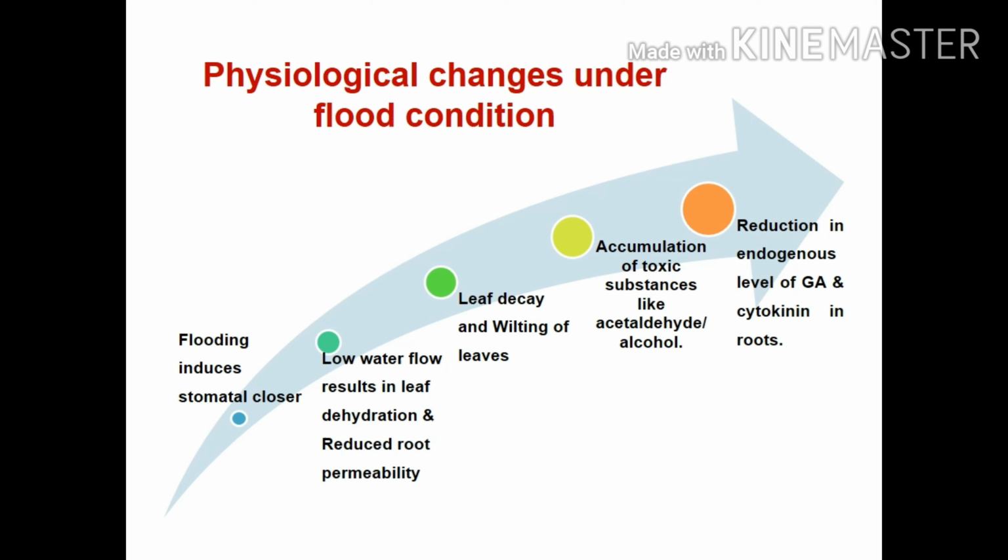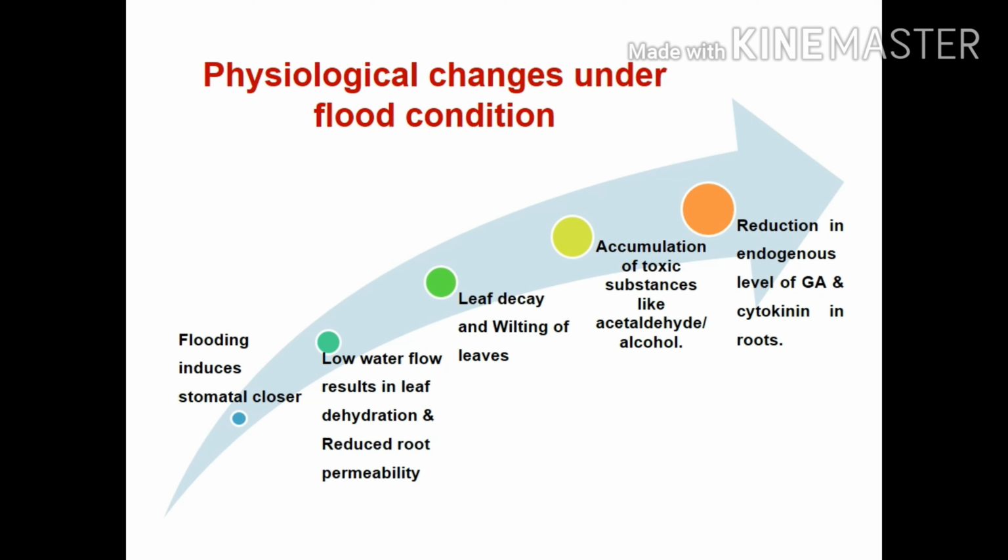And the changes that are associated with flood conditions are the physiological changes. Flooding induces stomatal closure that leads to low water flow, results in leaf dehydration and reduced root permeability.